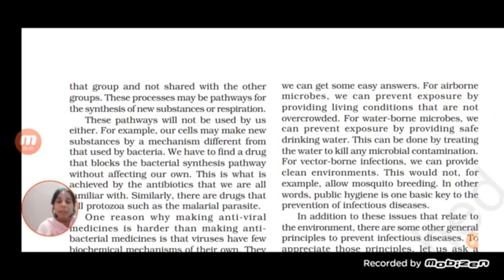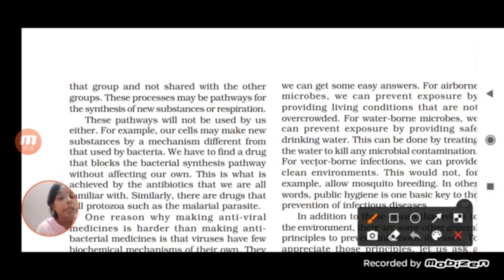And this can be done. How can we make water safe? We can make it safe by treatment, by killing the microbes present in it. Biological contamination or any kind of contamination can be treated, and then if it is provided, that will be safe drinking water. Next one is for vector-borne infection.